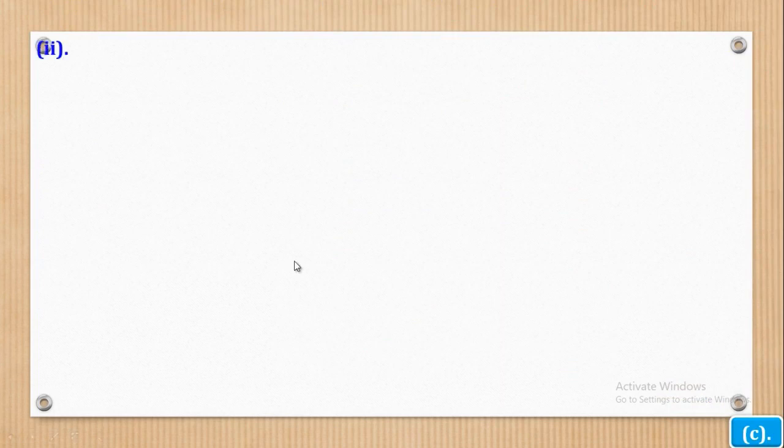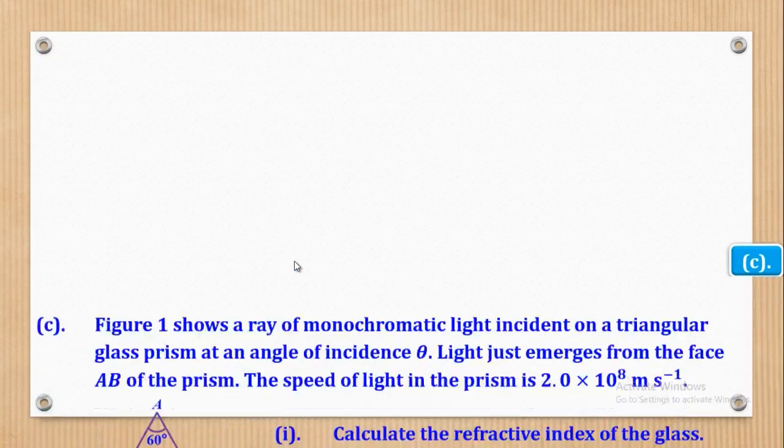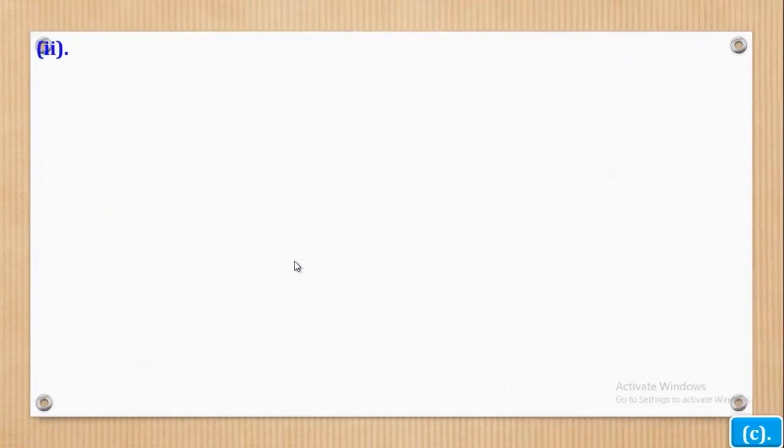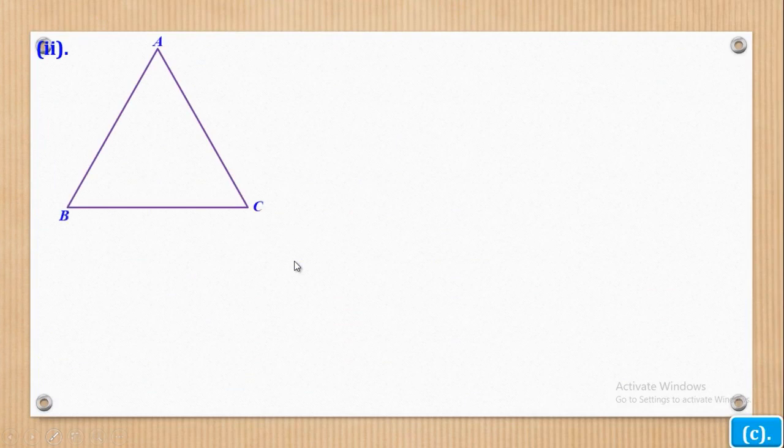So now we shall go to part C, Roman 2. Roman 2 says find the value of theta, which is the angle of incidence at surface AB. Here it's easier if we first redraw the diagram and put there some unknowns.